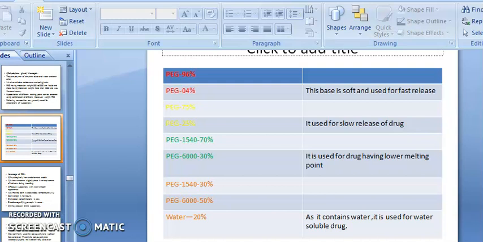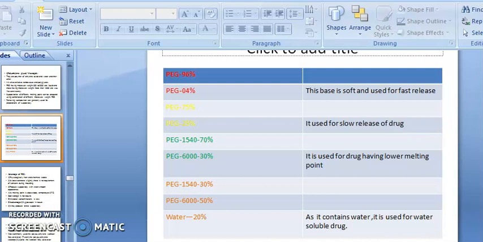This base is soft and used for fast release. When you want to prepare a fast release suppository, you have to go for this combination. Then polyethylene glycol 75% and polyethylene glycol 25%. This combination is used for slow release of the drug.